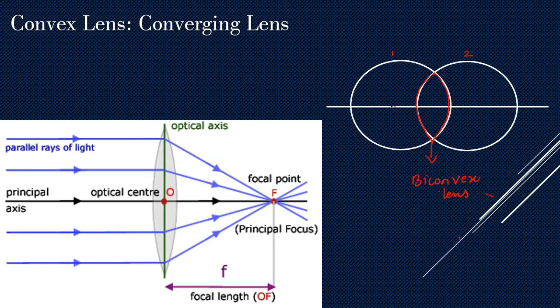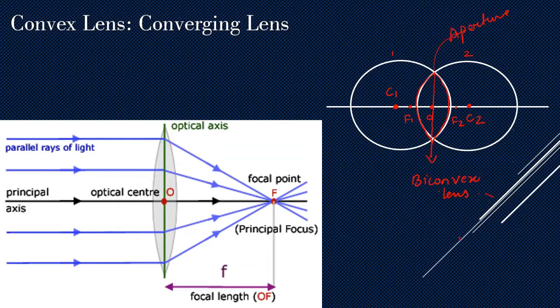This spherical part is going to have this center of curvature. This spherical part is going to have another center of curvature. This is going to be the optical center. And if you join these points, this is the length, or you can say the aperture of the lens, right? Aperture of the lens. Again, this is going to be your focal length, principal focus F2. Understood how it's made, right?